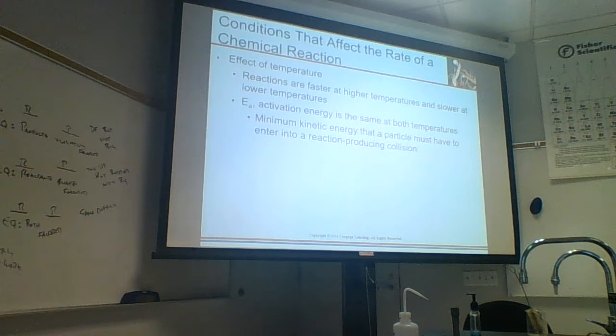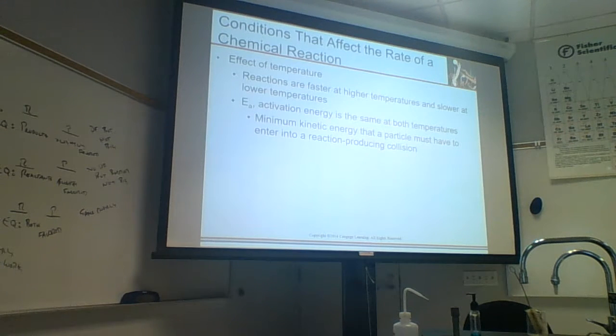That's because when I look at the kinetic energy, kinetic energy is what again? Energy of motion. When I look at the population distribution, we get the kinetic energy distribution.